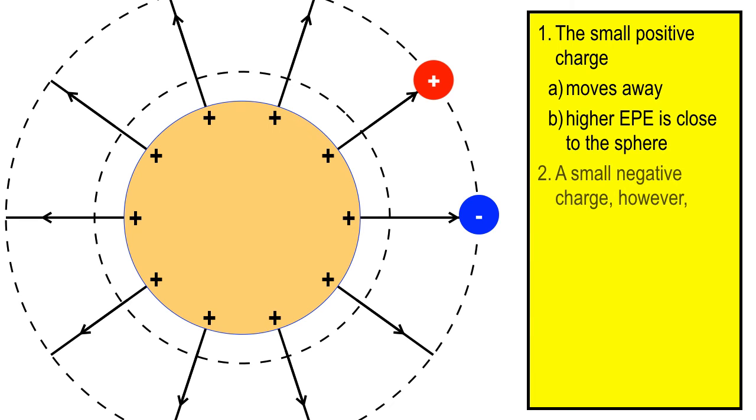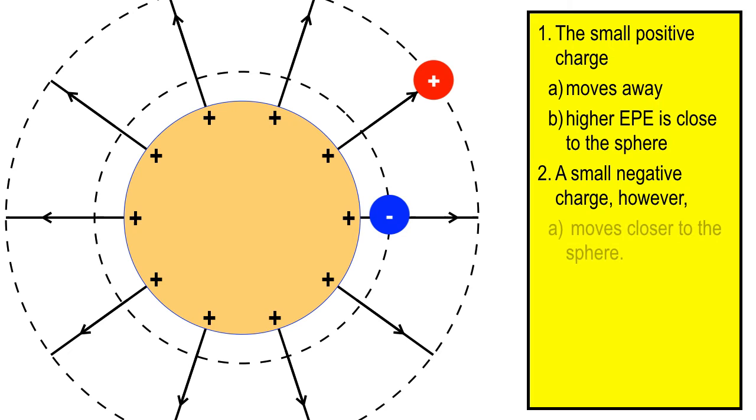But now if you think about what a small negative charge would do, so here's my small negative charge out here, starting out to the right, and where the EPE is low for the proton, the EPE is high for the electron, because the electron is going to be drawn inward. It's going to want to accelerate toward the positive, because it's a negative, it wants to go towards the positive.